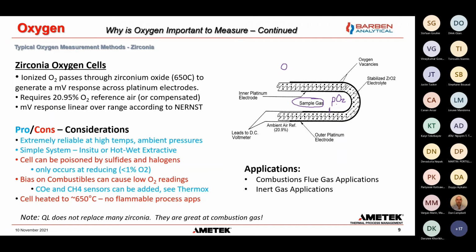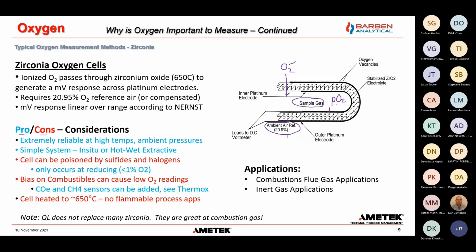Then you have an ambient air reference under its partial pressure with a 20.9% concentration, and that differential will drive the O2 through the platinum. We then get a voltage that develops relative to the difference in concentrations, and we can measure that with a voltmeter.